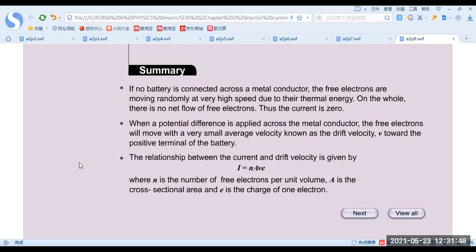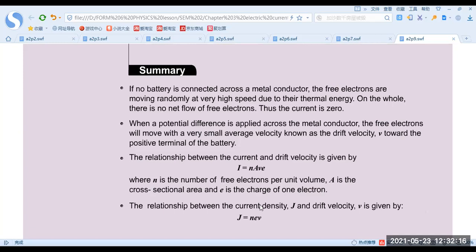The relationship between the current and the drift velocity is I equal to NAVE, where N is the number of free electrons per unit volume, A is the cross-sectional area, E is the charge of one electron, and V is the drift velocity.